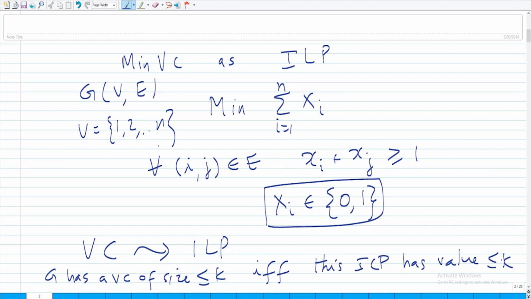So, we have actually proved that integer linear program is NP complete. NP hard, and NP is obvious because any solution would be a witness, you can verify. Okay. So, we have proved integer linear programming is NP hard by reducing vertex cover to this. Now I want to use this somehow to get some approximation algorithm for vertex cover. Remember, that was our goal.